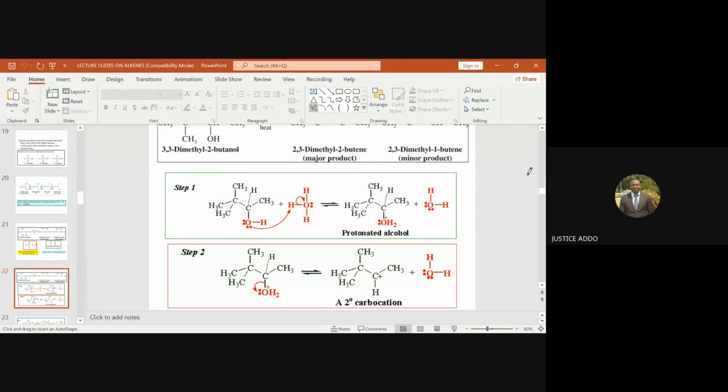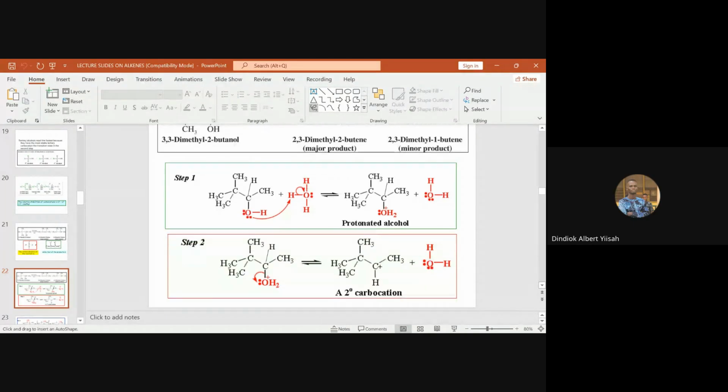All right. Yes, Doc. Please, I want to know about the identification of the primary, the tertiary hydrocarbons, like where you were explaining the second step, where you say there's a tertiary hydrocarbon there.